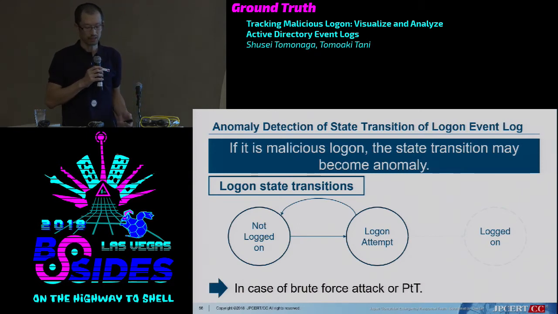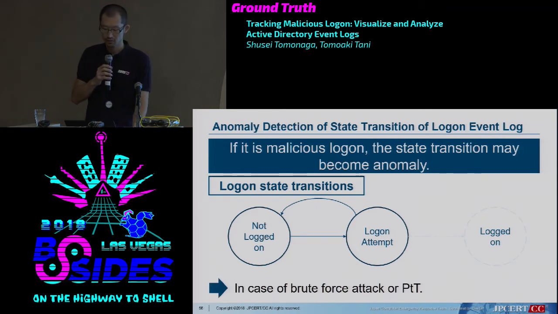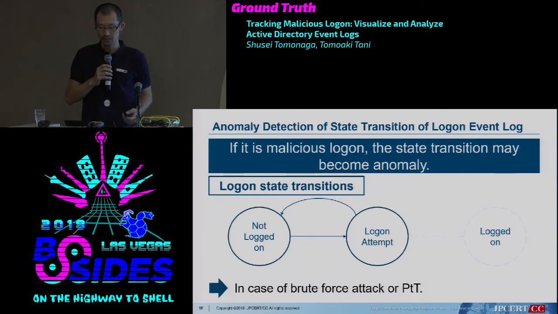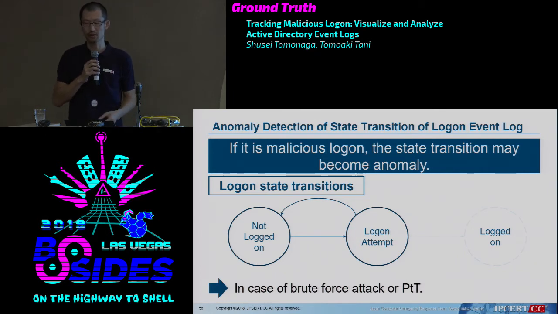If it is a malicious logon, the state transition may become anomalous. In the case of a brute force attack or pass the ticket, the state did not move through logon attempt to logged on. We examined a method to detect anomalies in this state transition.